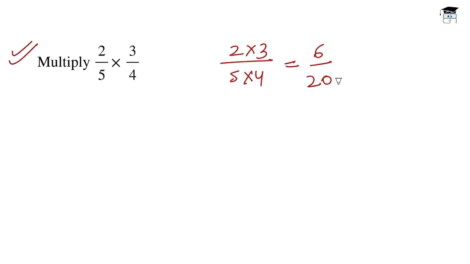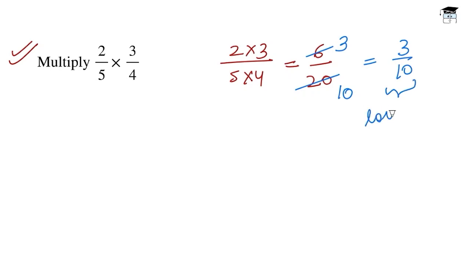So when both the numbers are divisible by the same number, we cancel these numbers. Now how do we cancel and what are we going to write here? So 2 threes are 6, so we write 3 here. And 2 tens are 20, so we write 10 here. So your answer is 3 by 10.